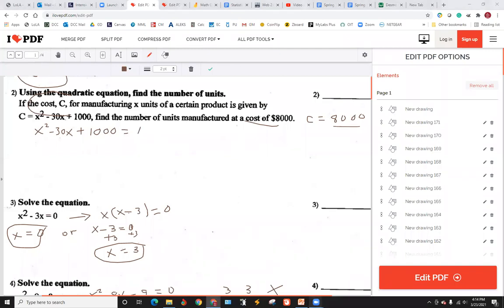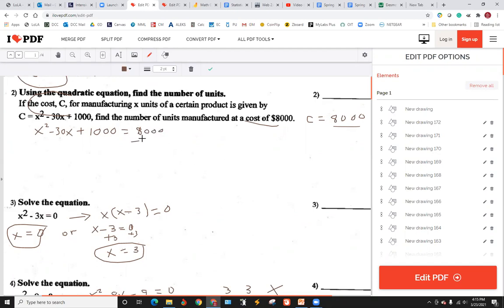Good. I'm having trouble drawing it, but all right. And just like any other equation, we got to set it equal to 0.